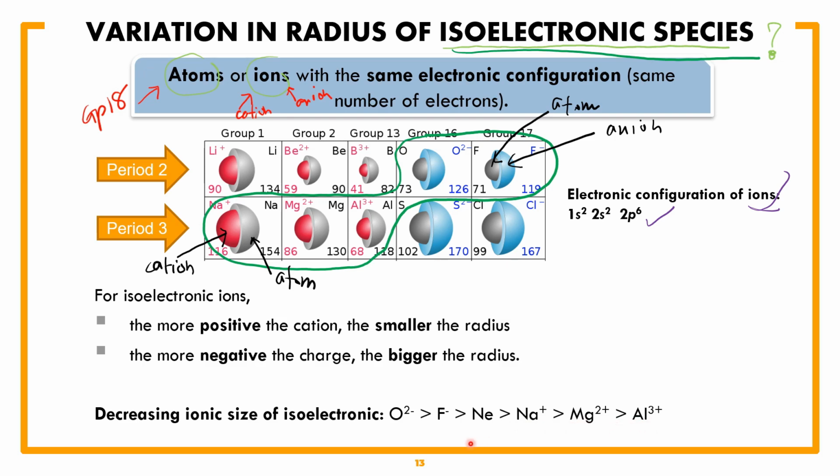Sebab secara generalnya, size of anion will be bigger than the size of the cation. So between these two anions, the greater the negative charge, the greater the size of the anion. And between these cations, the greater the positive charge in the cation, the smaller the ionic radius.